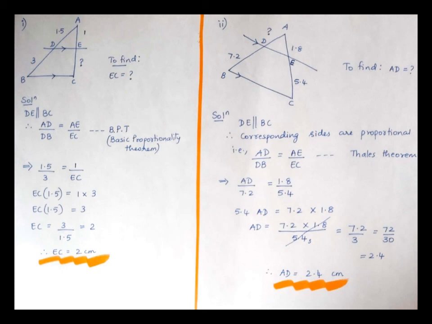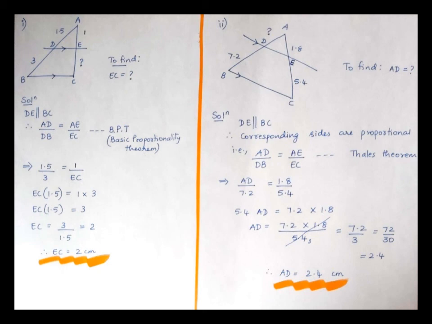Now there are four quantities according to the equation, in which three quantities values are given in the diagram. Only thing is, you should be substituting those values. AD is 1.5, DB is 3, AE is 1 and EC is the unknown value. So we are going to write it as EC.